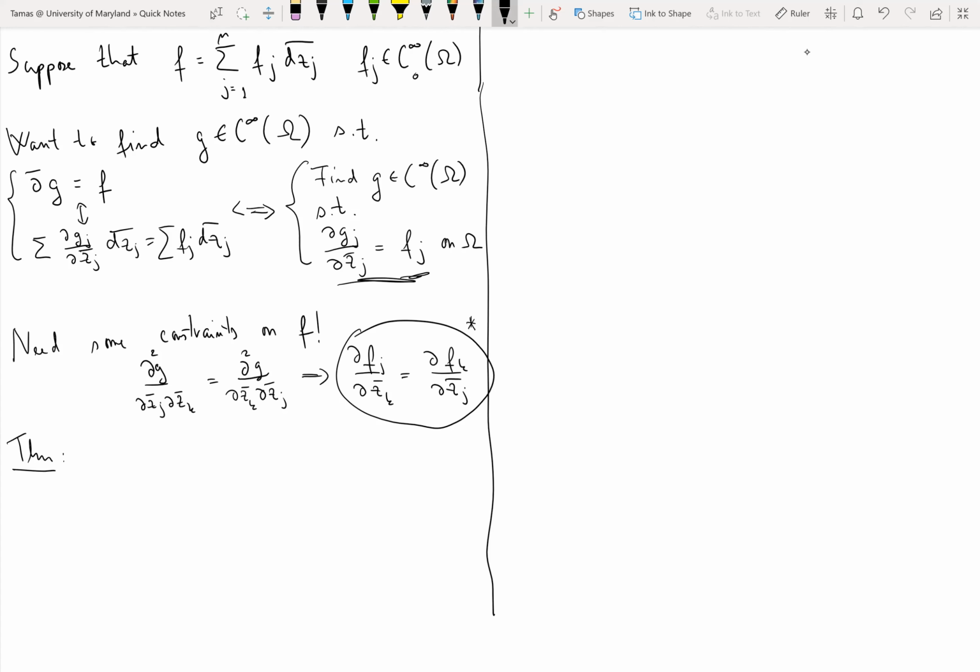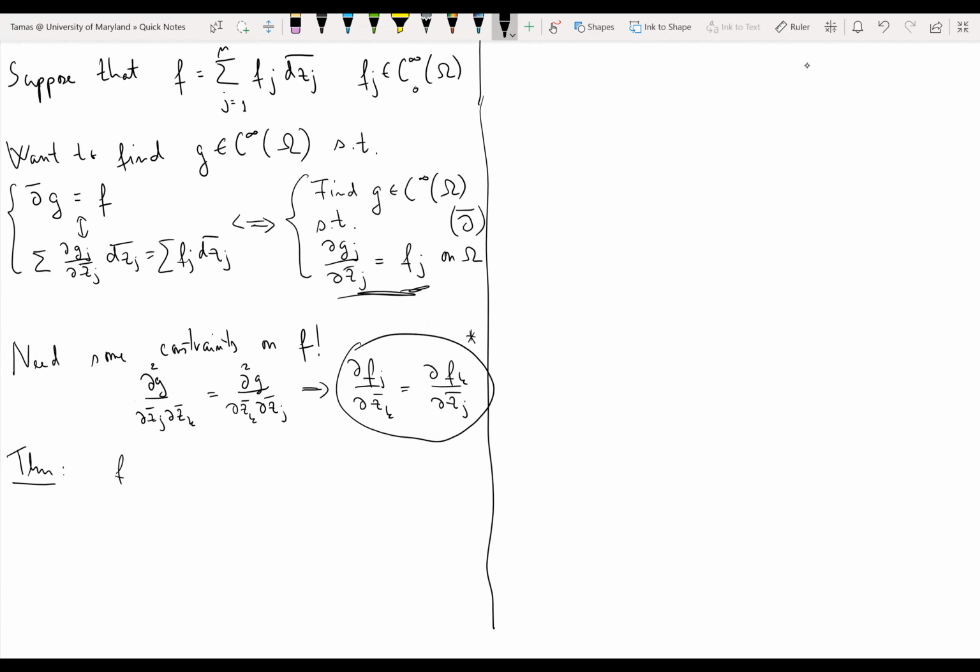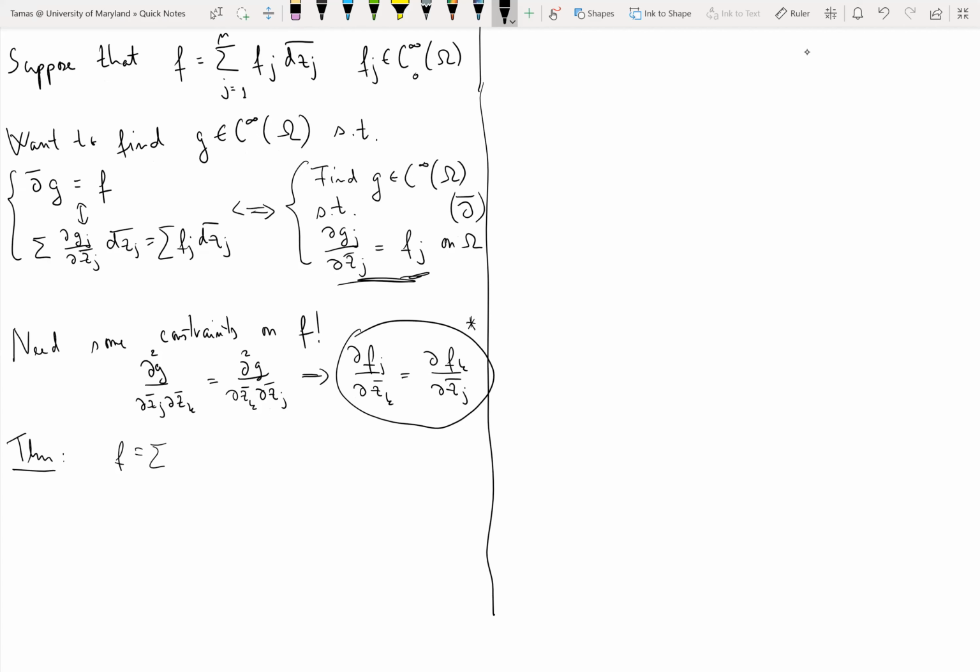So the theorem says: pick a compactly supported complex valued one form of this type, where Fj is compactly supported, and moreover, star holds. Then there exists a G, a smooth function on, let me make this as simple as possible.